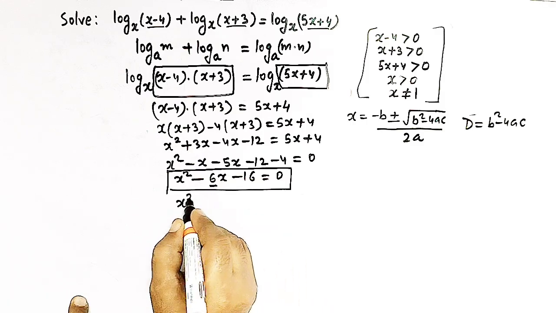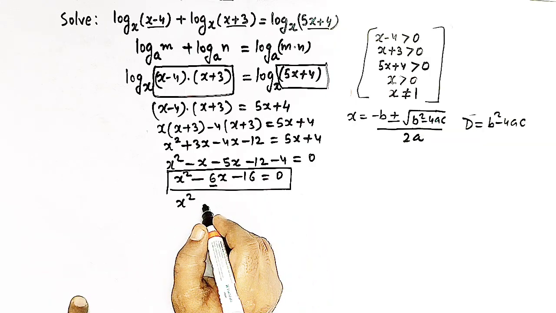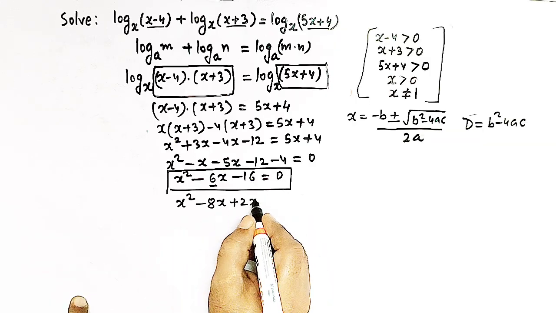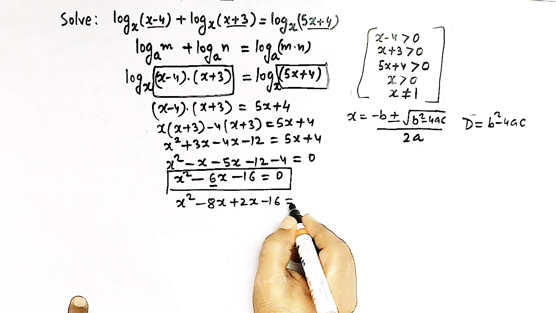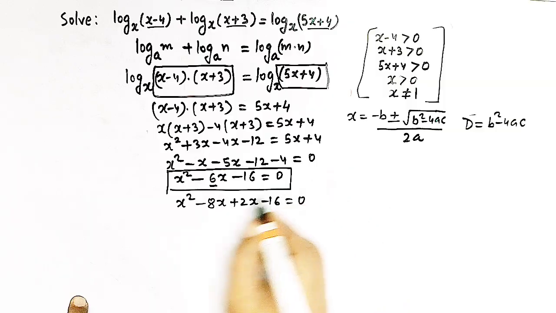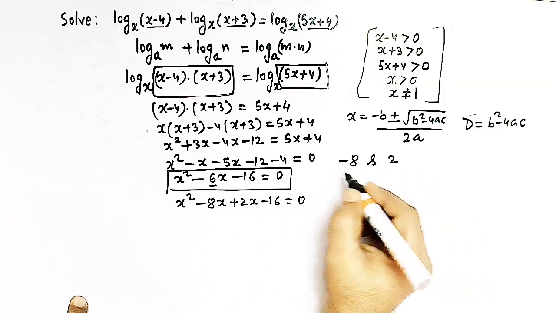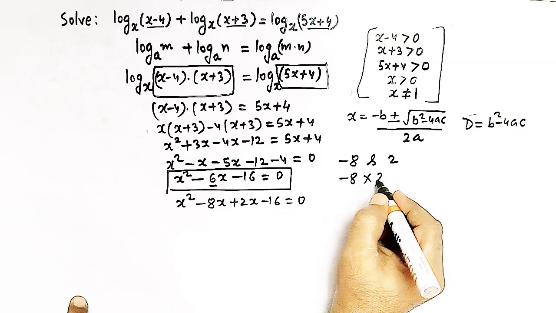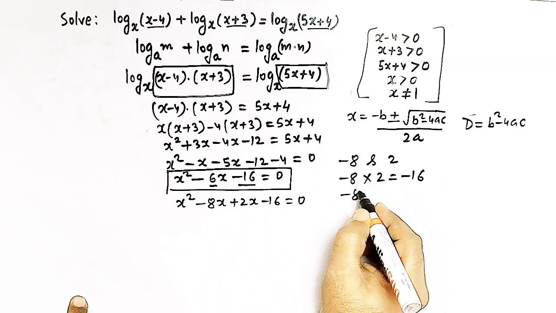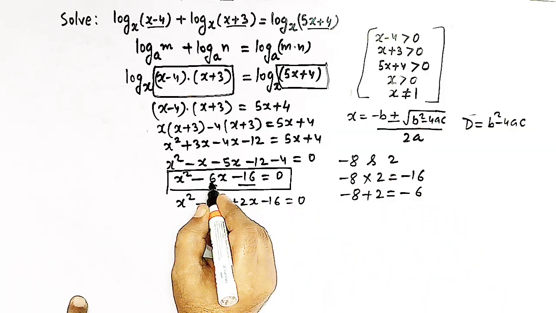So we can now write x square, and here we have minus 8x, and then we can write 2x, and here we have minus 16 is equal to 0, right? So here we have the two numbers minus 8 and 2, and the product is minus 16, and here minus 8 plus 2 is equal to minus 6, right?